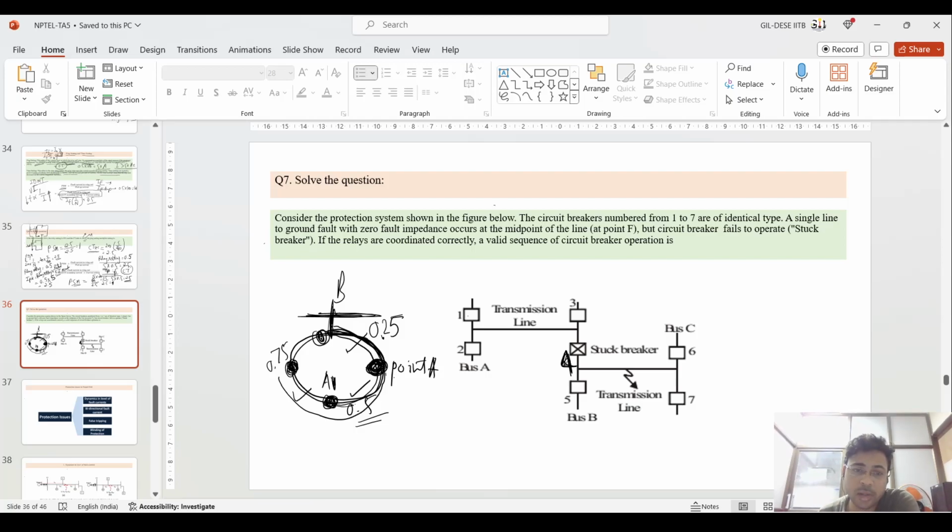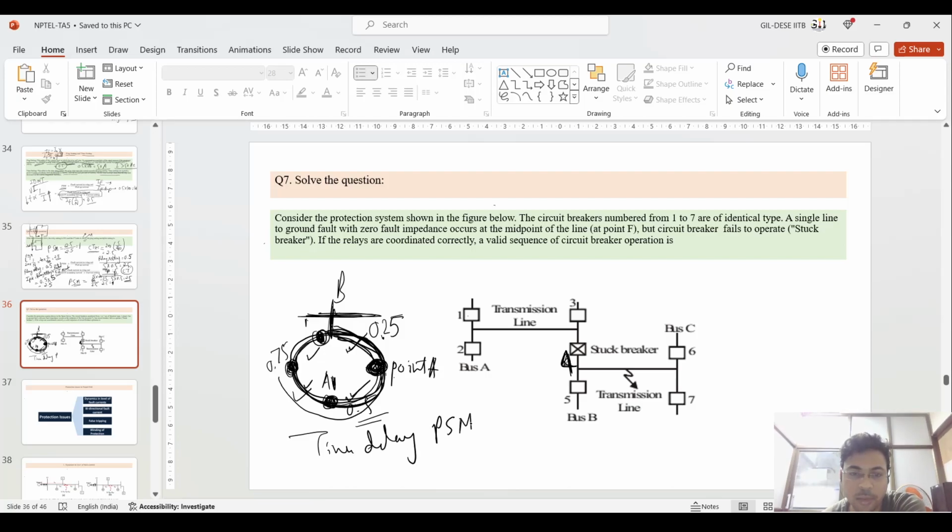Suppose I have made this PSM at the one position. Then it has to follow this whole circle to move to position B. At that point the relay contact is made. So this is 0.25, 0.25, 0.25, 0.25.